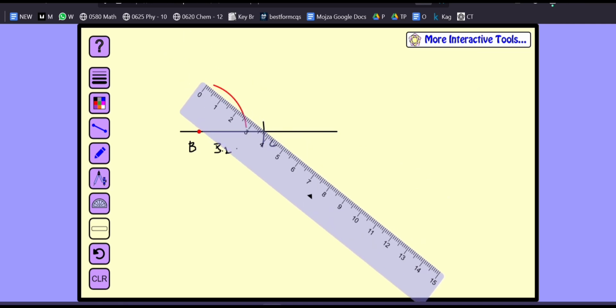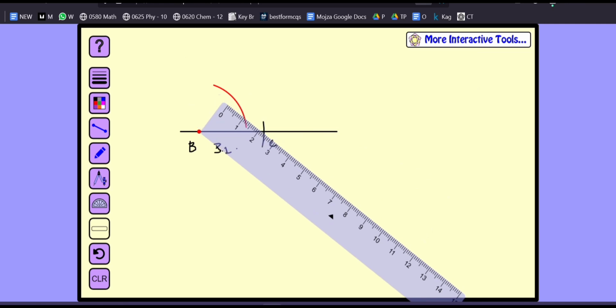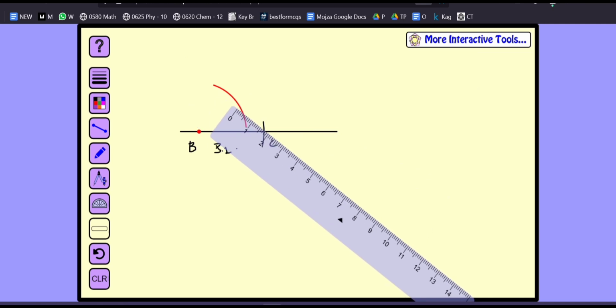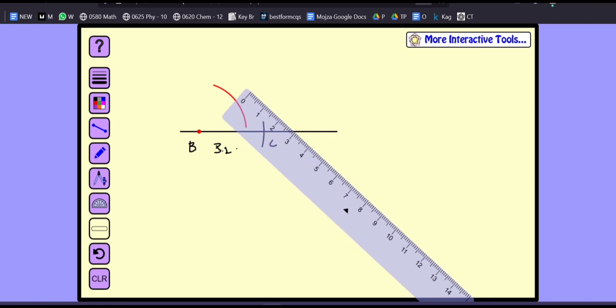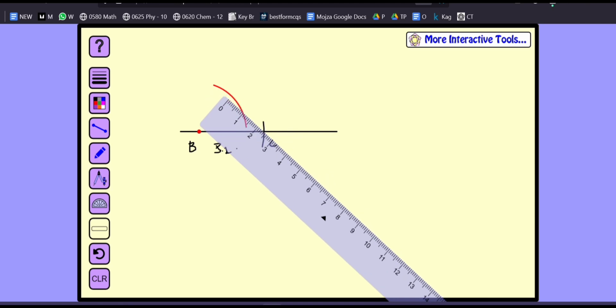Okay, so let's keep it like this. Our 1.7 centimeter is going to be 1.6. This is 1.7. Okay.